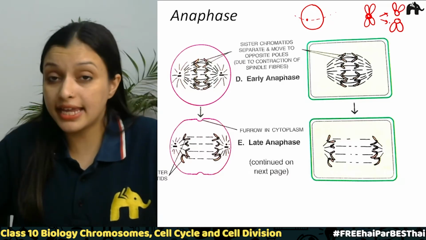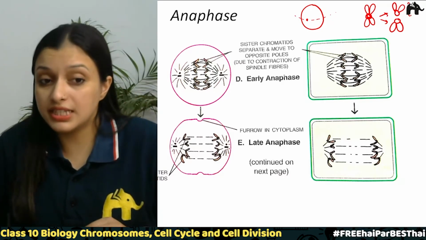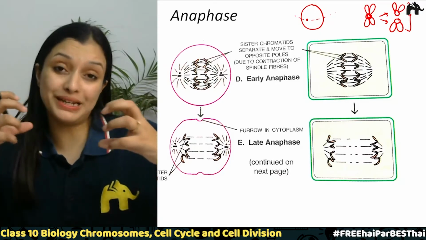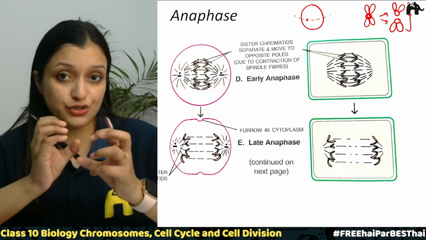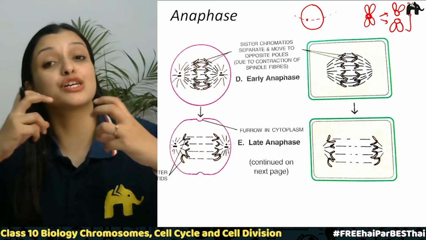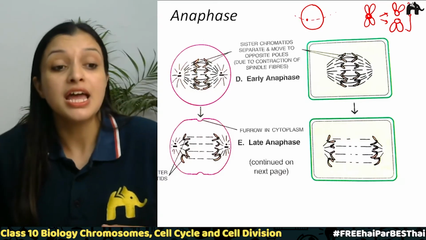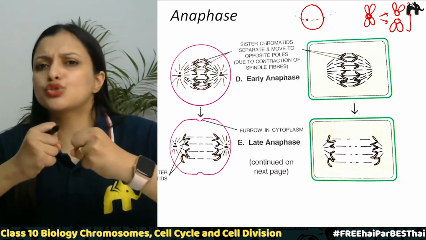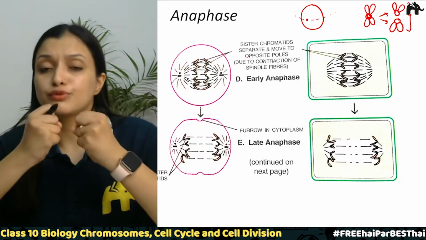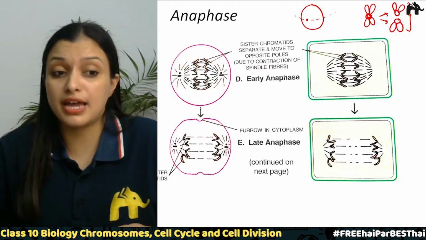Correct? Now again, these split chromosomes, these sister chromatids, are attached to the centromere, and these centromeres are in turn attached to the spindle fibers. Now these spindle fibers will pull these chromosomes away to the opposite poles, as you can see.